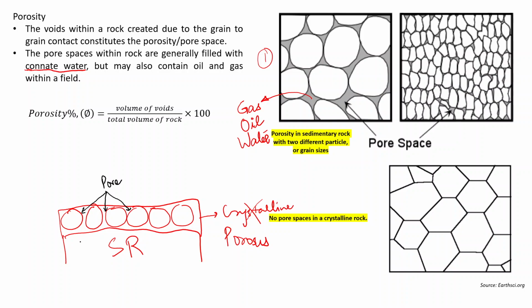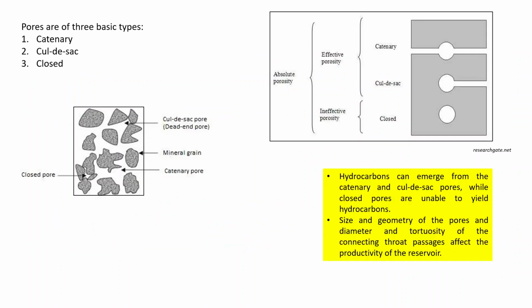So what will happen? The oil will migrate from the source rock and will get locked in these pore spaces. This is the migration of hydrocarbon. Now it stays over there. So remember this formula.